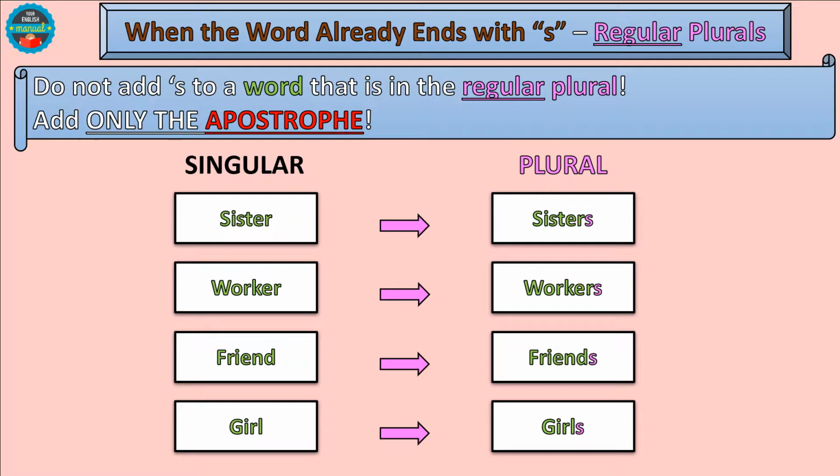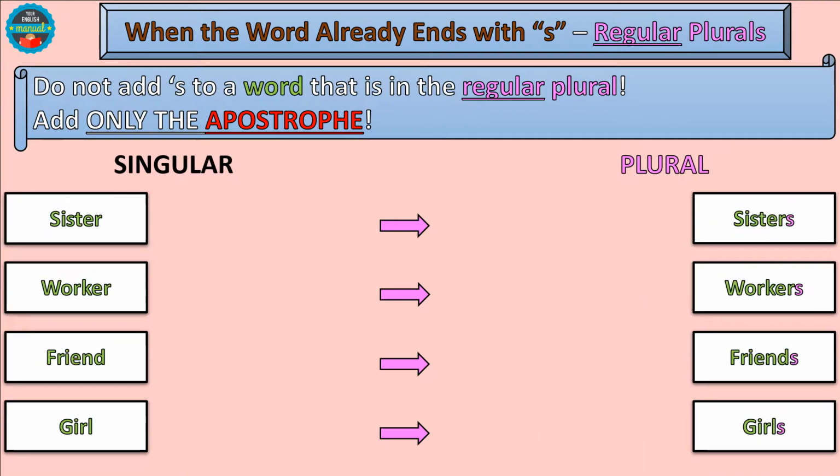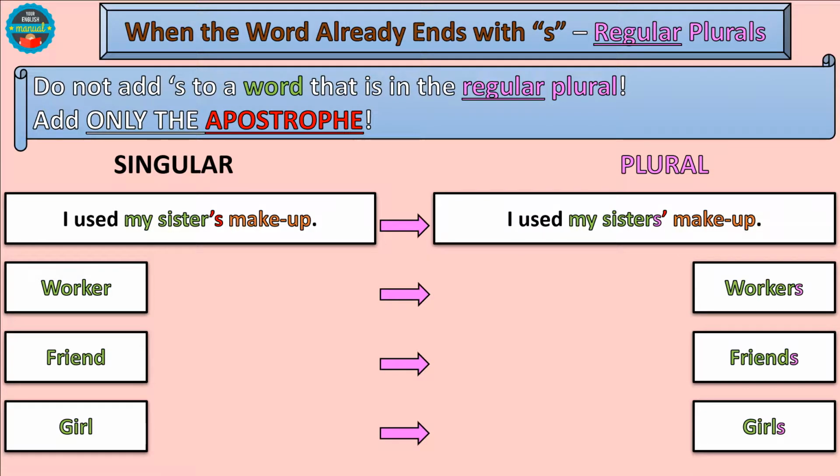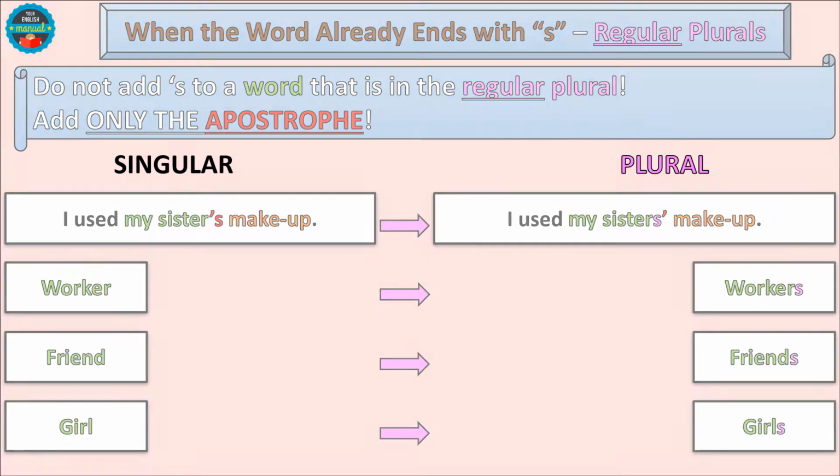If you put it before, you'll be saying something else. Look at the difference. I used my sister's makeup, and I used my sisters' makeup. See? Since we only put the apostrophe after the word is over, you can differentiate between singular and plural, right?